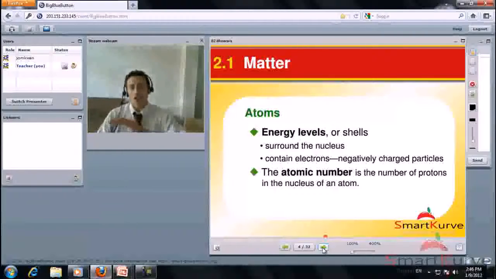But they're not just moving around randomly. They are found in very specific areas, and they're found in a very certain pattern. We see different energy levels or shells, in bullet point 1 on slide 4.